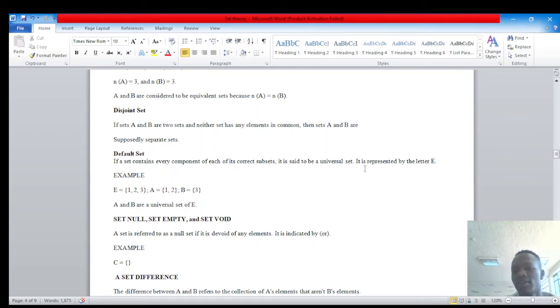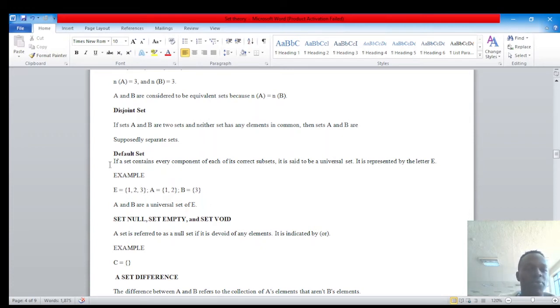It is represented by the letter E. An example: the universal set is equal to 1, 2, 3, set A is equal to 1, 2, and set B is equal to 3. So A and B are subsets of the universal set. Why?